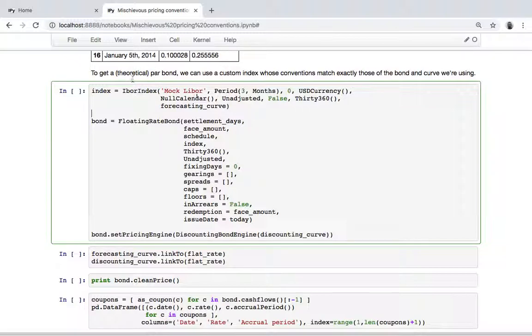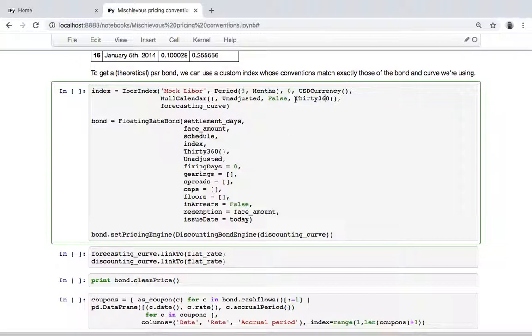Also, creating our own LIBOR index allows us to go back to the 30/360 day counter that we wanted, because it gave us regular coupon periods.